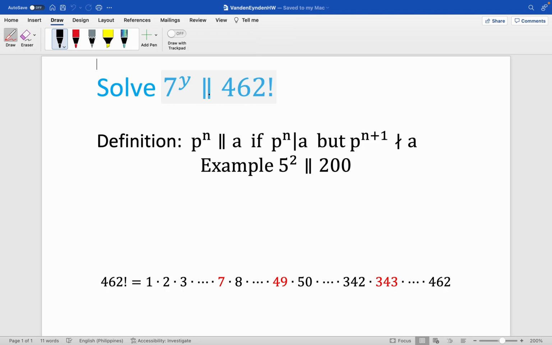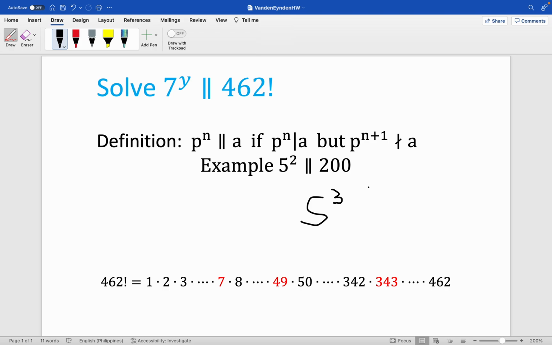Now, this reads 7 raised to the y power divides 462 factorial exactly. All right, that's what the double vertical bars mean. Now, I've given you an example here. This is a nice example. 5 squared is equal to 25, and it divides 200 exactly because 5 cubed does not.